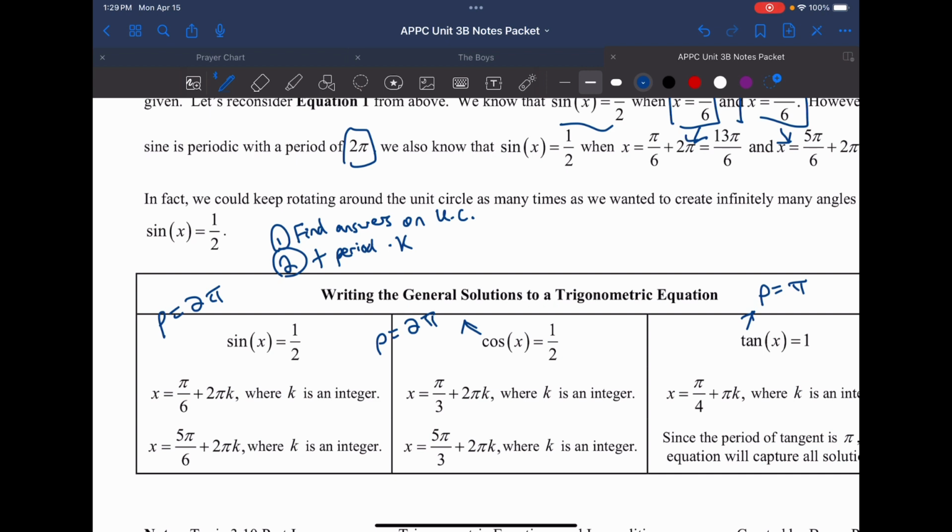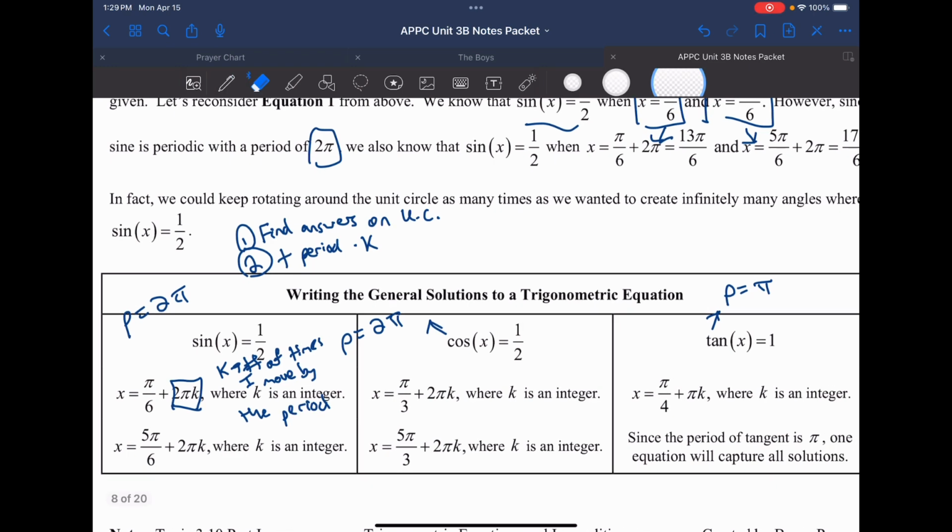Because what this is saying, in this box here, is that my period is 2 pi times k, and I think of k as the number of times I move by the period.